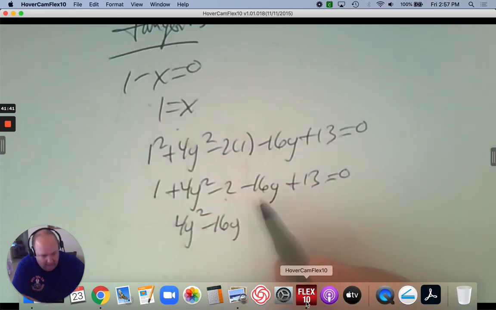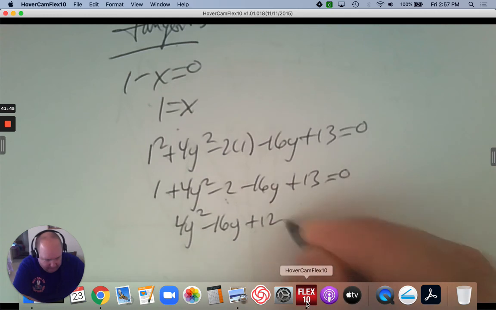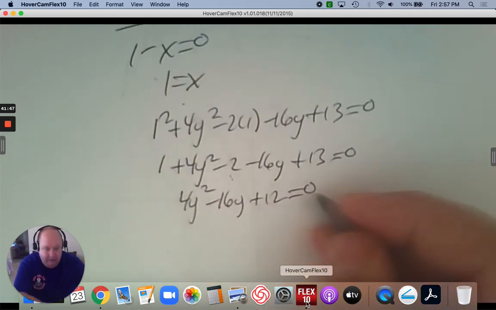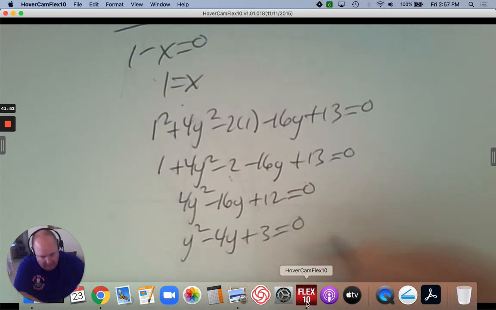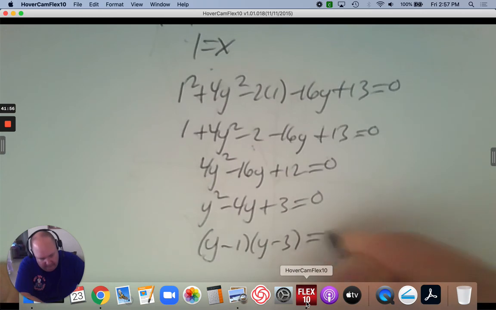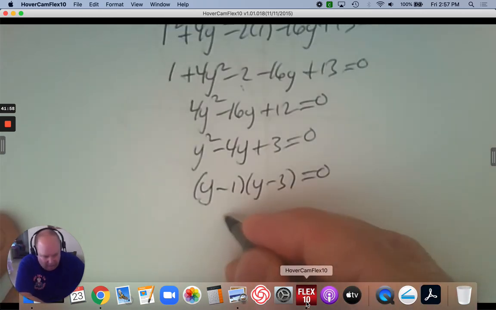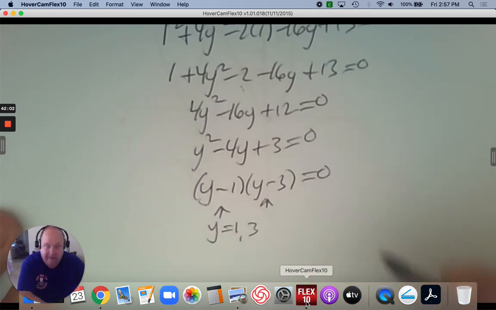So 1 take away 2 is -1 plus 13 is 12. Divide everything by 4. Factor. And you get your two solutions. So y can equal 1 or y can equal 3.